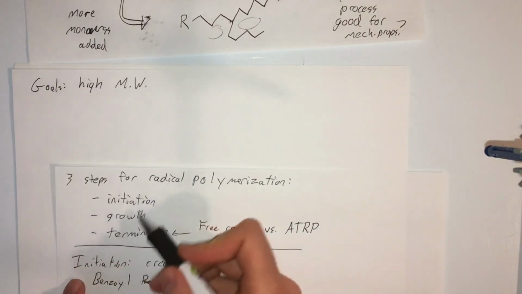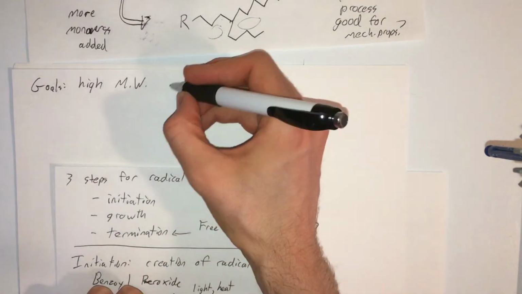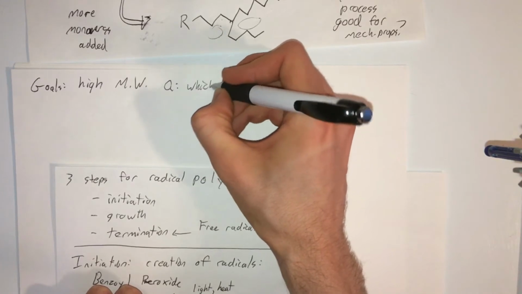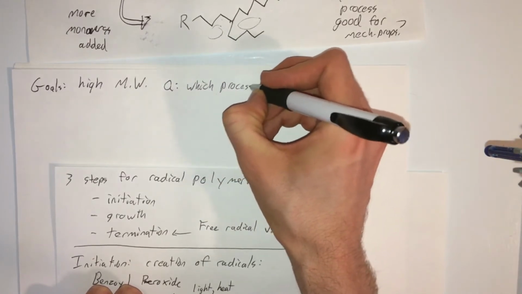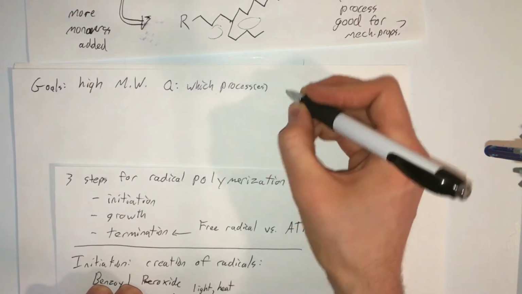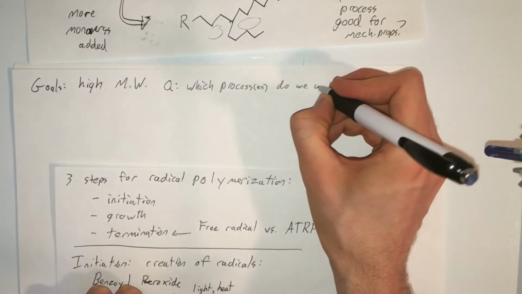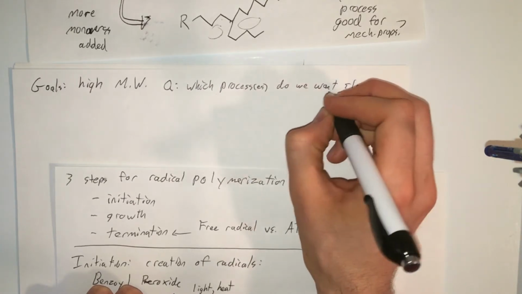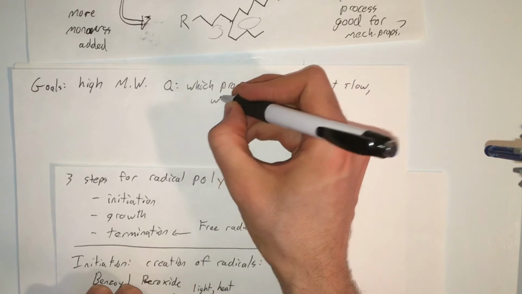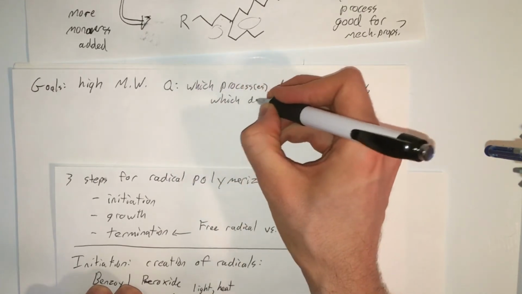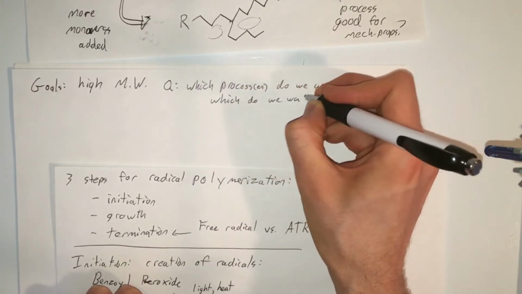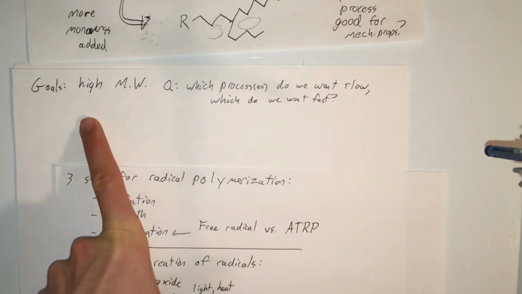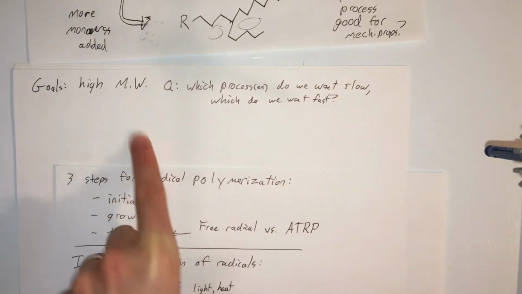So if we're thinking about these three processes, my question is, which process or processes do we want slow and which do we want fast, if our goal is to make high molecular weight polymers?